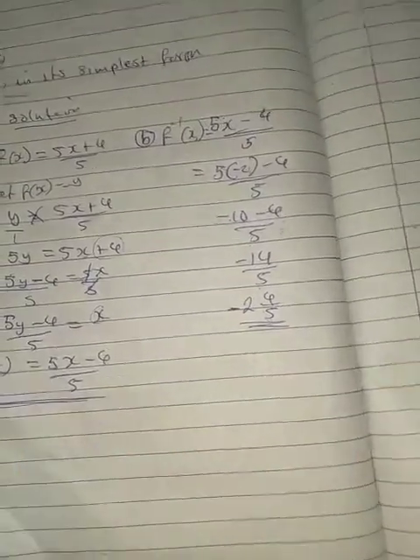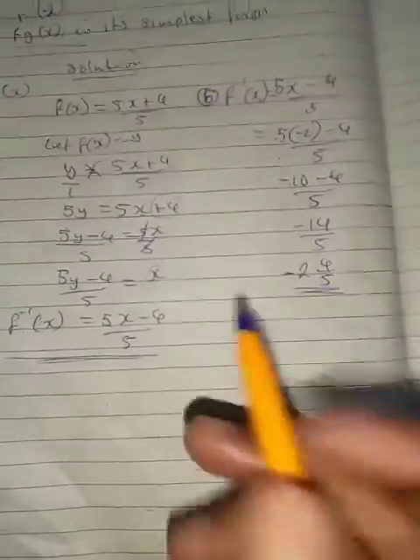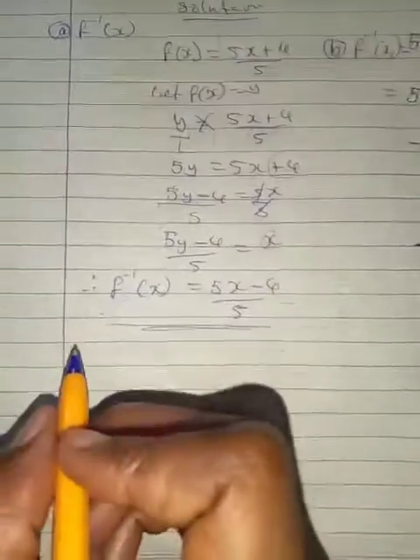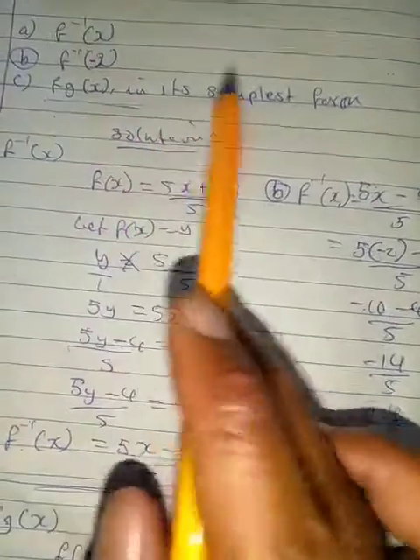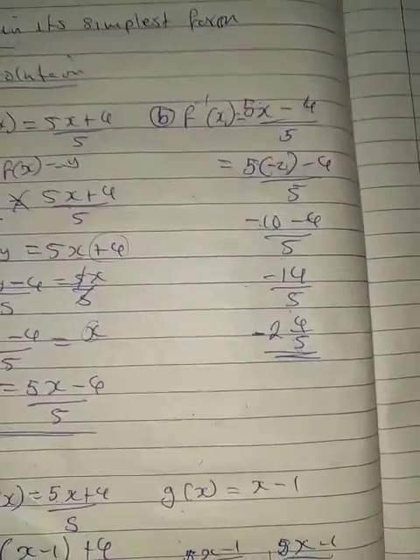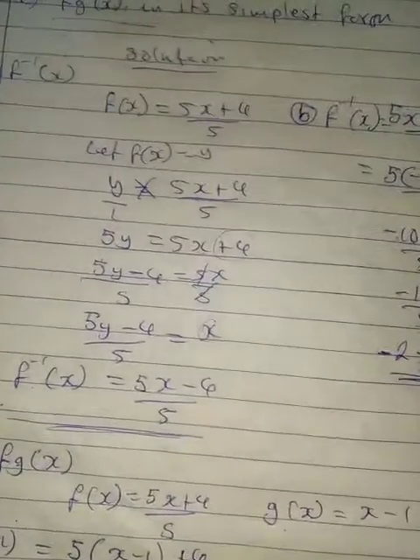So now we come to the interesting part, the C part. How do I solve my C? It's very simple. How do I solve this part of the question in its simplest form? It is simply inserting, like we have done earlier.